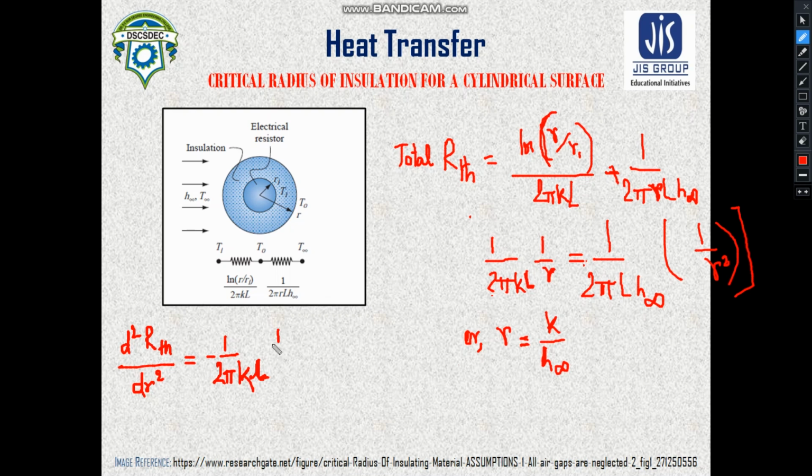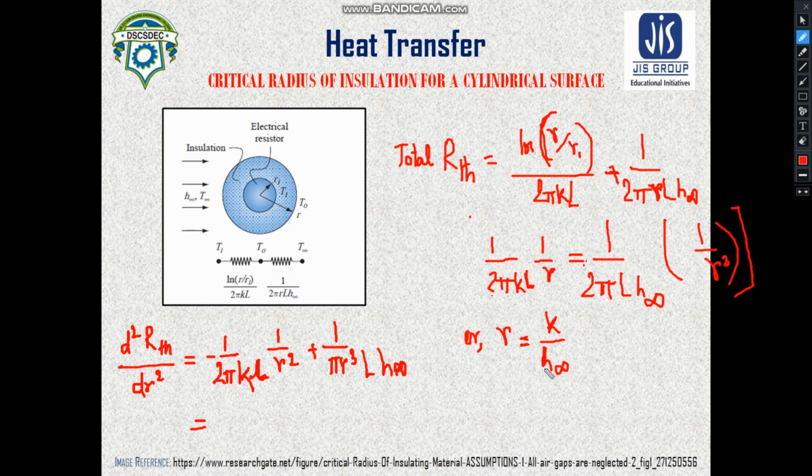It will become 1 by r square, and this term would become 1 by pi r cube L h infinite. Now you know that this r is equal to k by h infinite.